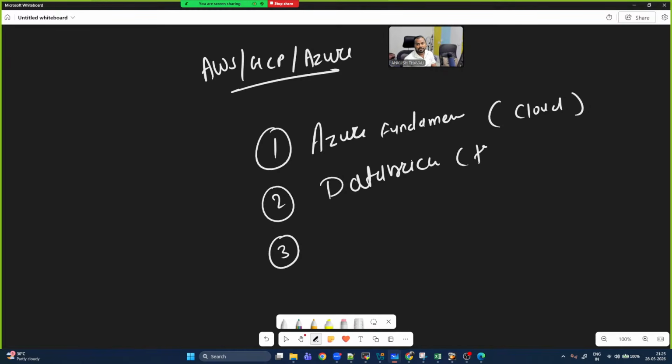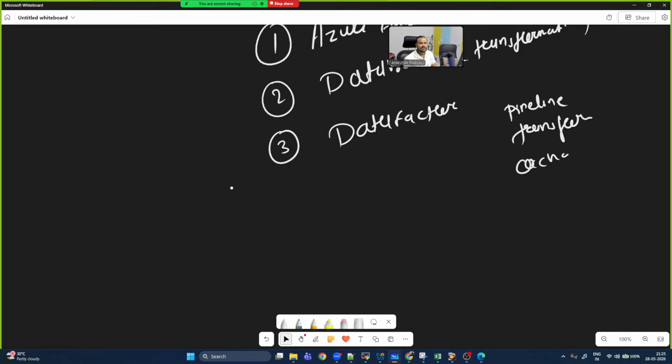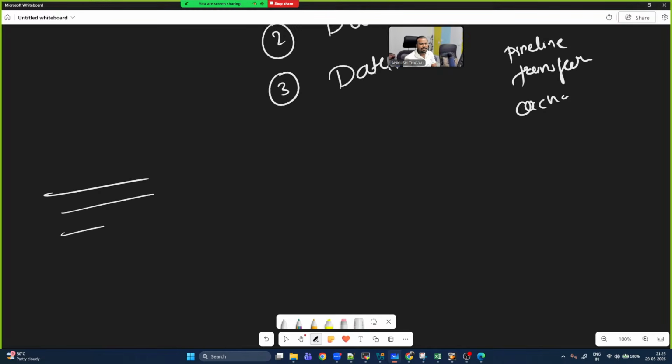The transformations can be done by using Databricks, but apart from this, the transformation can also be done by using Data Factory. So whenever you are talking about, I want to create a pipeline, do some basic level of transformation, and do the orchestration also. Let's take a small example. Let's say on a daily basis I'm getting some files, file number 1, file number 2, file number 3, file number 4.